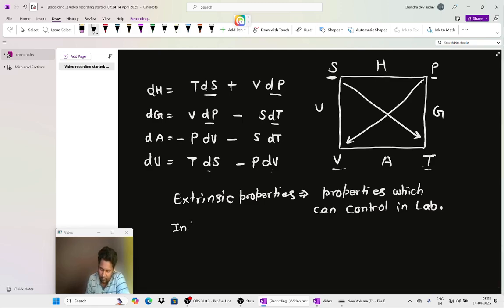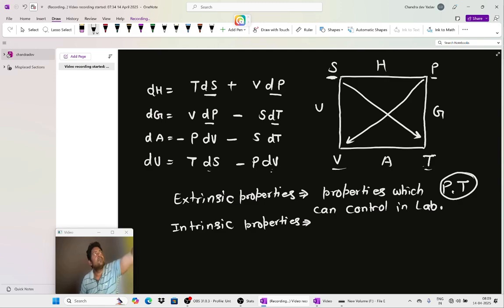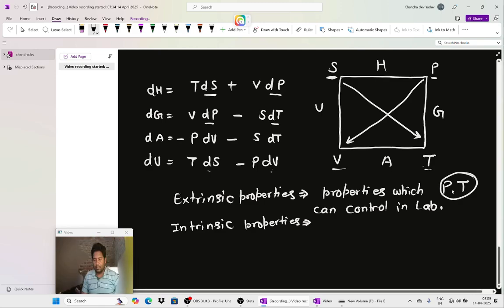Intrinsic means we cannot control. So pressure and temperature, these two are extrinsic. Extrinsic means we can change the value of pressure and temperature from the external environment, and entropy and volume are intrinsic properties.